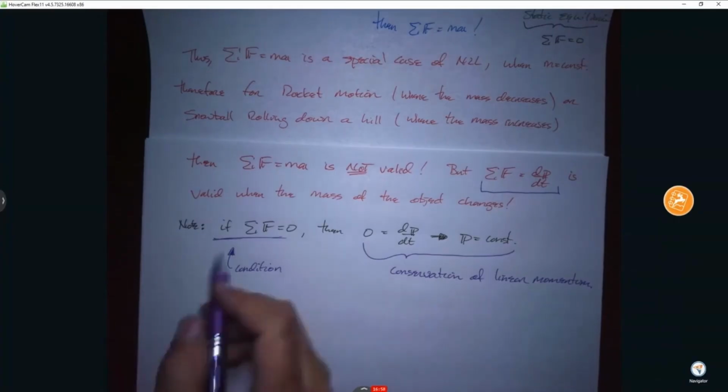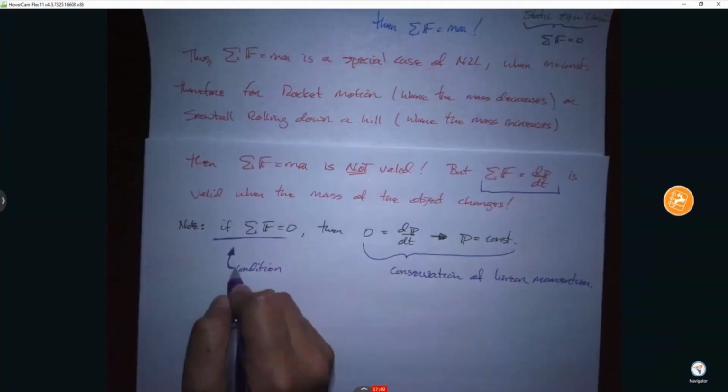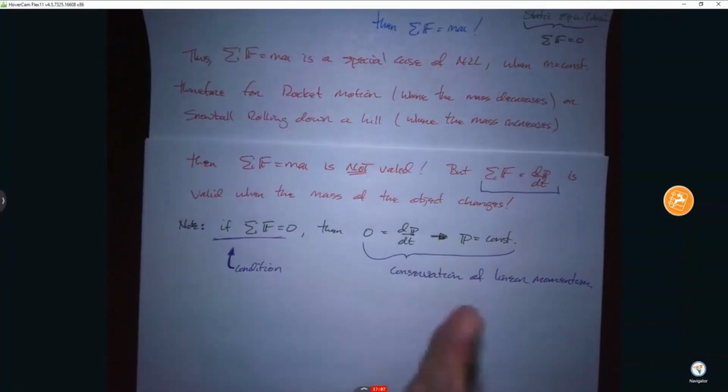So these are both conditional conservation principles, but then we have the global conservation principle that total energy is always conserved. The problem with total energy is you have to account for all the other forms of energy, like vibrations and sound and thermal energy and all sorts of good fun stuff like that.